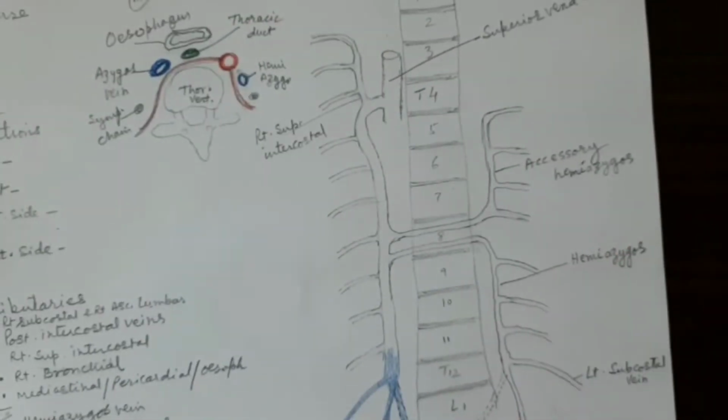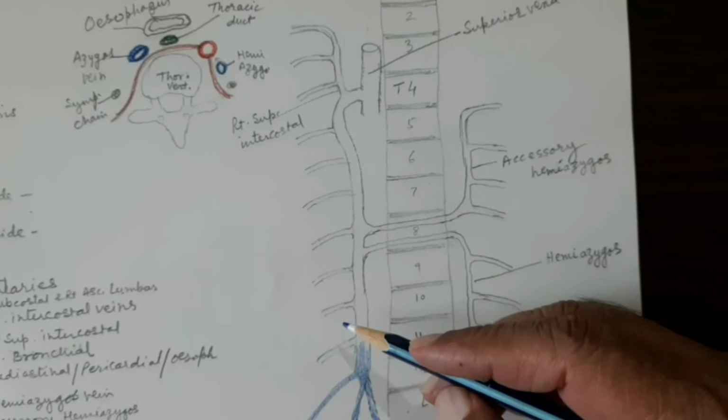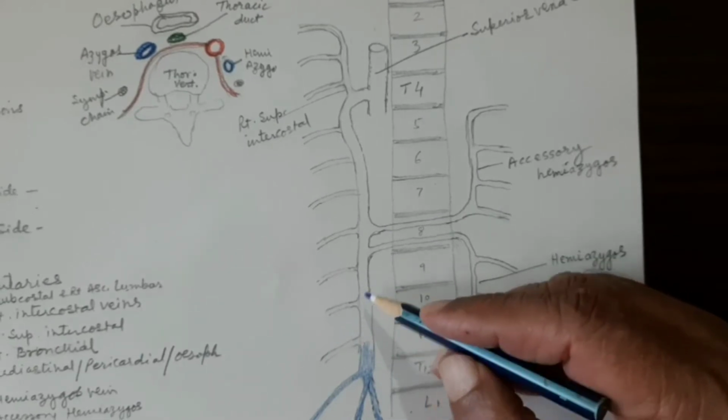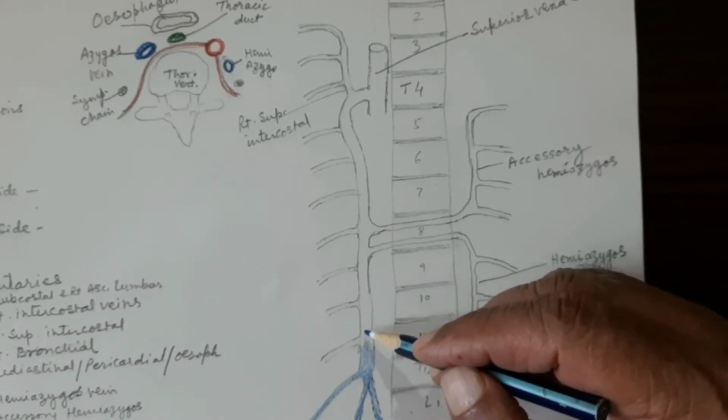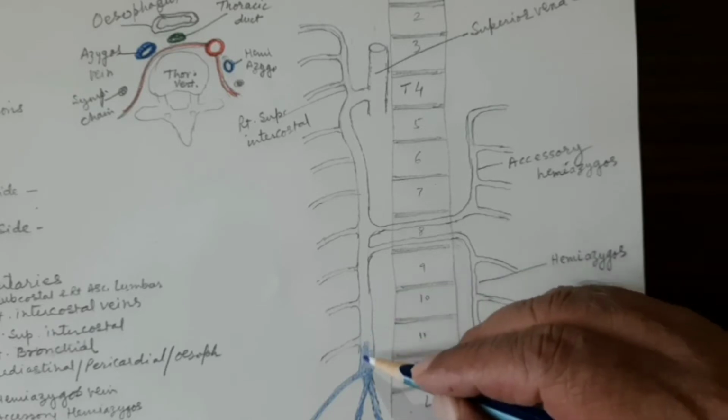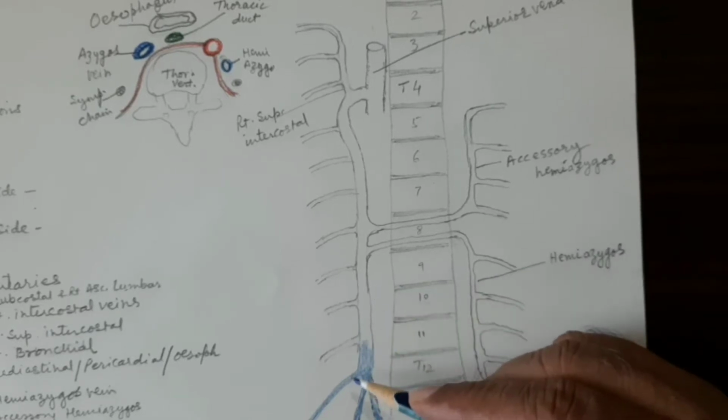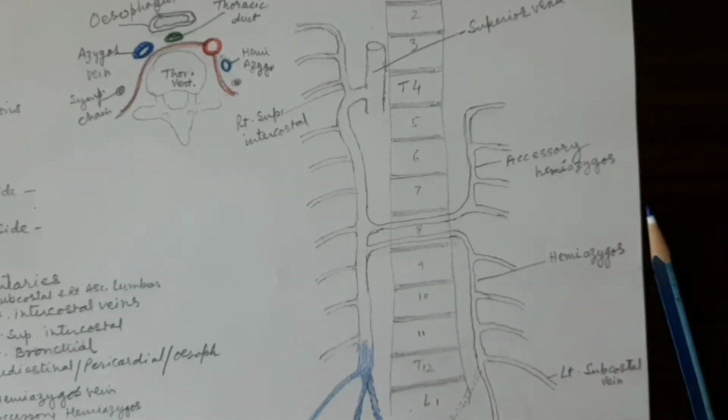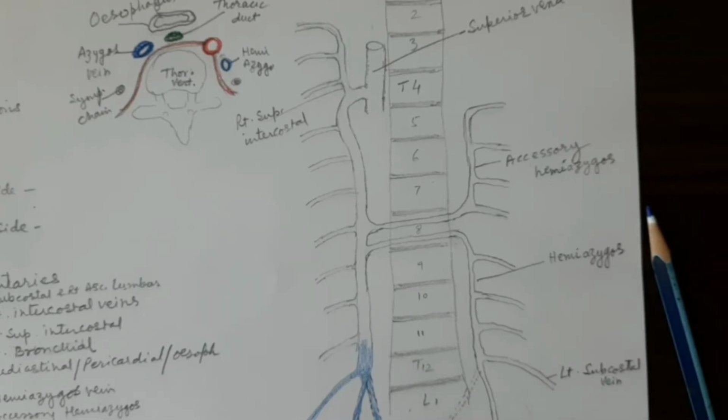Course. After its formation, the azygos vein enters the posterior mediastinum of the thoracic cavity. So how will it enter the posterior mediastinum of the thoracic cavity? Just in front of the vertebral column. That means it will first lie in front of the T12 vertebra.